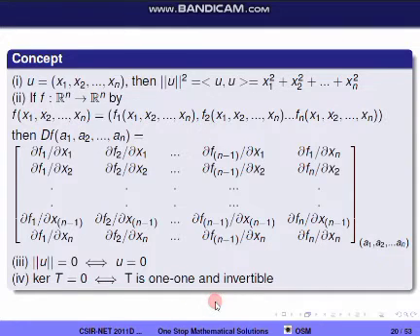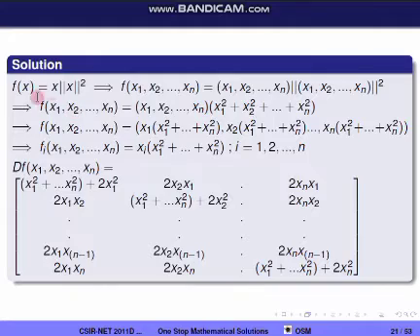So now we'll move on to the question. So we are given f of x equal to x norm x square, and x is belonging to Rn. So x is an n-tuple. So we are replacing that by that. So f of x1, x2, etc. up to xn is equal to the n-tuple times the norm of the n-tuple square. And we know the norm of the n-tuple square is equal to x1 square plus x2 square plus etc. up to xn square. So we are multiplying each by this.